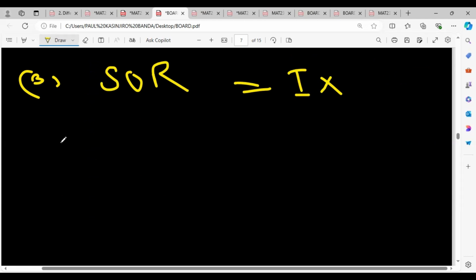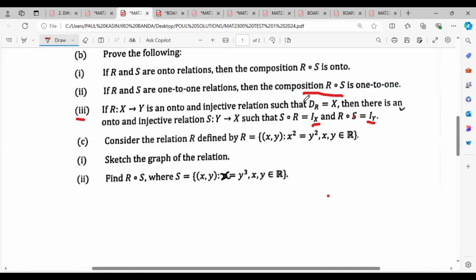To show this, we'll use that part of the domain, this part here. If I go back to the equation, it's very important to prove that part. We know that the domain of the relation R is the set X, right?